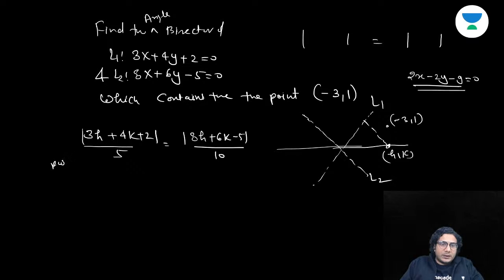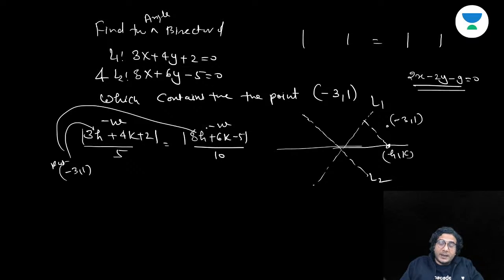Then put the point (-3, 1) in both the expressions and check the sign. If you put (-3, 1), this comes out to be negative, and in this also it comes out to be negative.